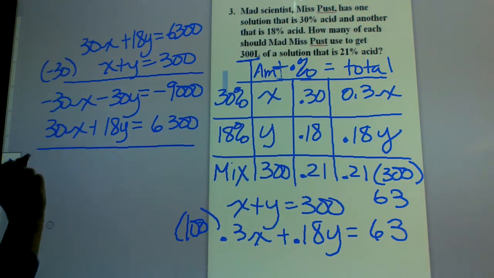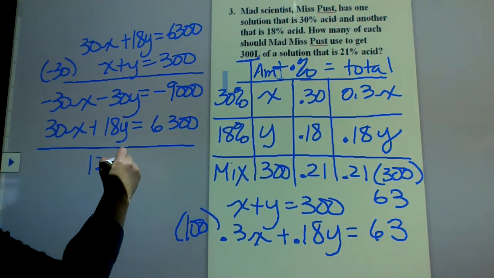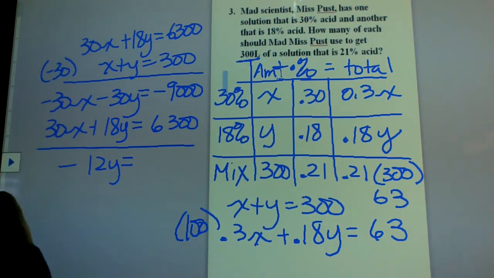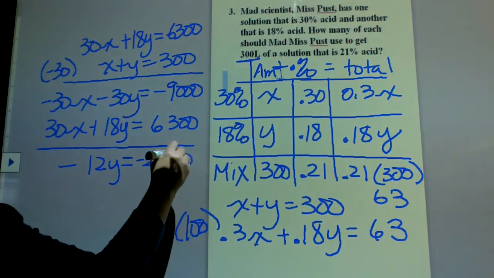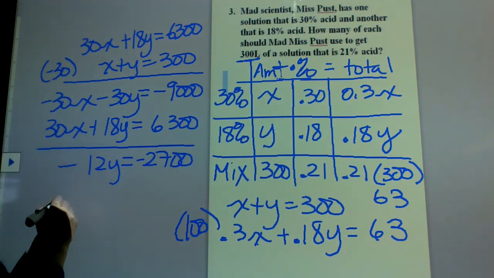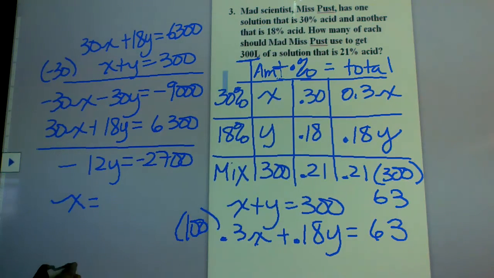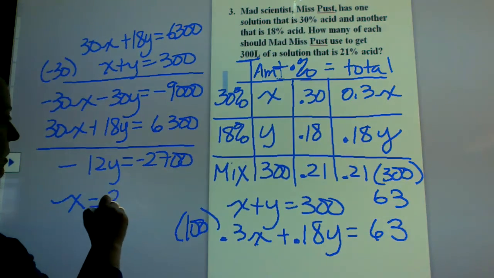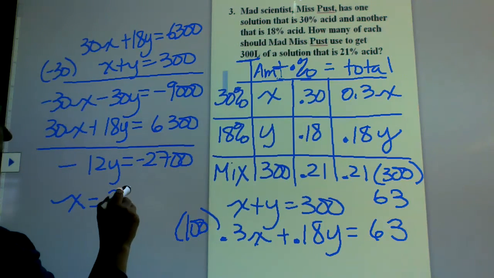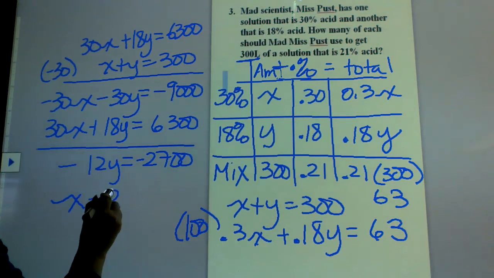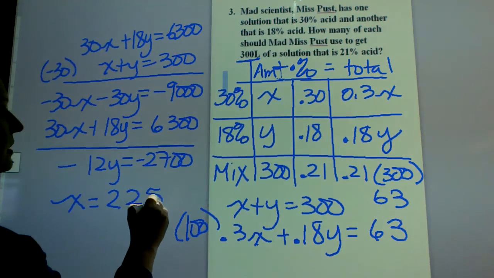And then we're just going to add these, and so you get negative 12y is equal to negative 2,700, divided by negative 12, and so y comes out to be 225.